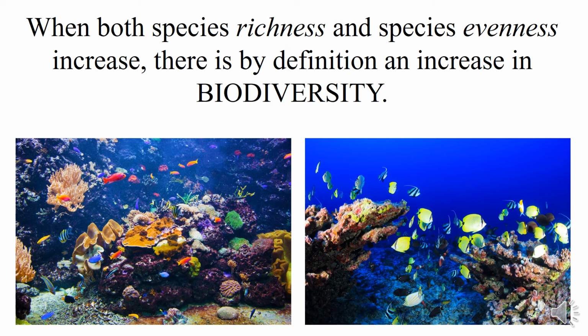So this is the overall statement: if species richness and species evenness are very high or increased, then the biodiversity of that region is also increased. Richness increased means the number of species is increased, and evenness means the number of individuals of each species is also high. So your biodiversity is very high.